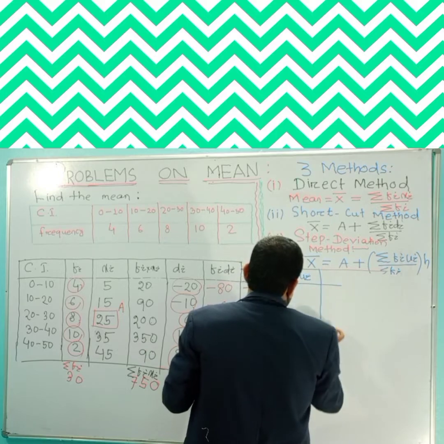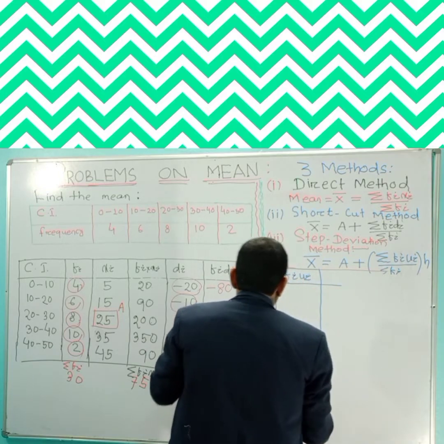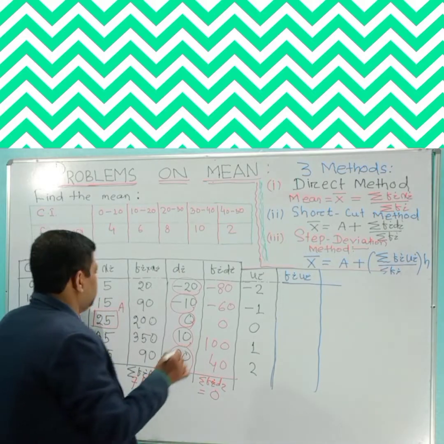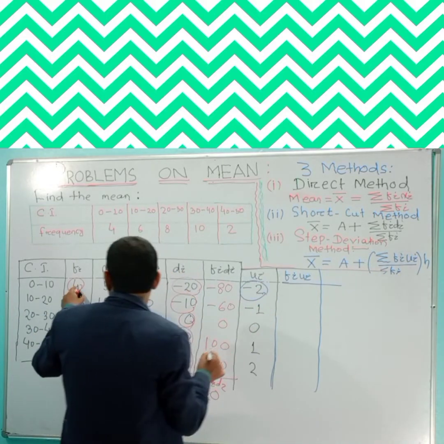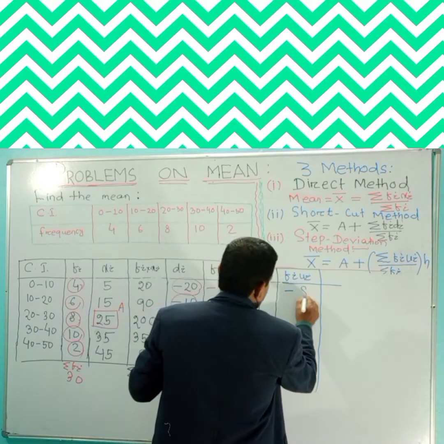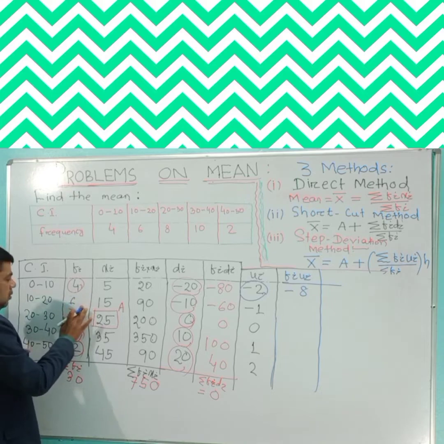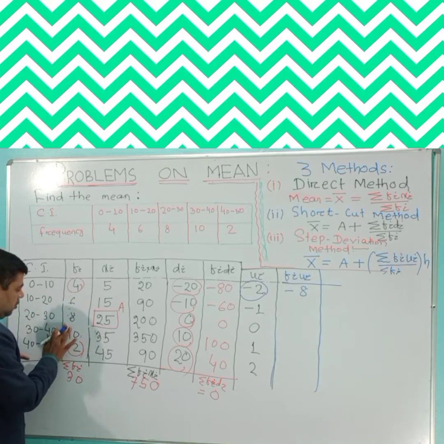Here you have to multiply the frequency by its corresponding value of ui. Here fi is 4 and ui is minus 2. You multiply 4 by minus 2, which is minus 8. Very simple. Look at here.